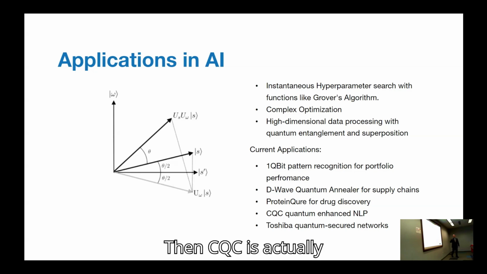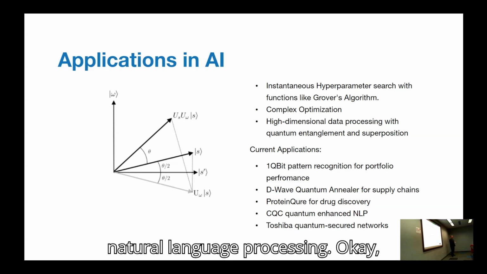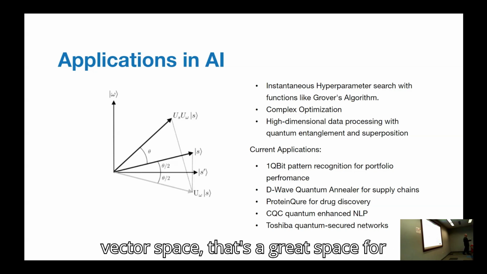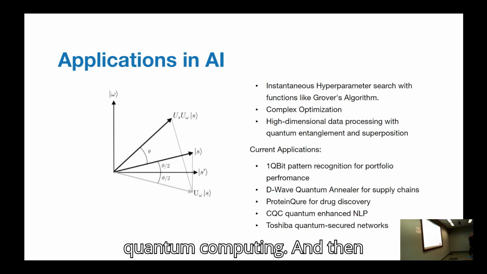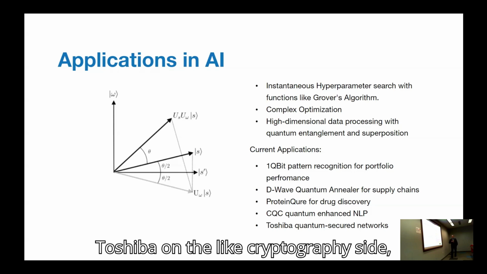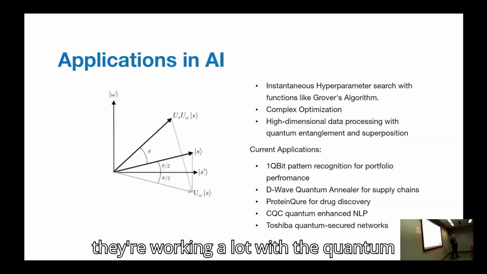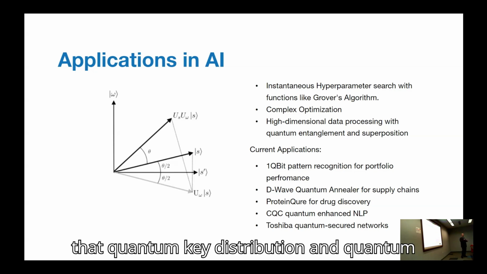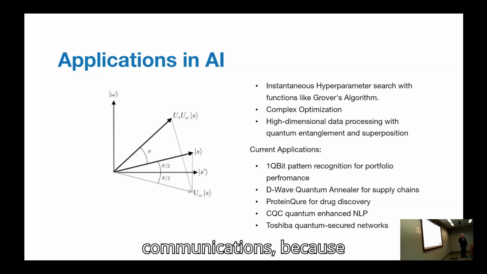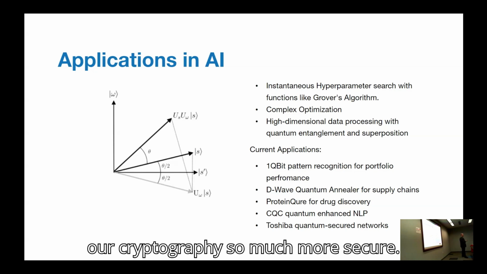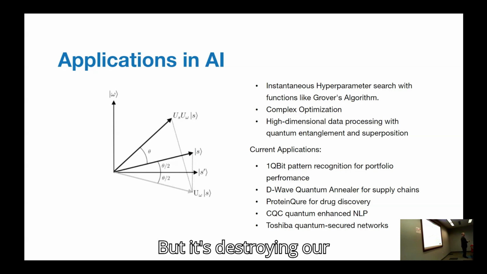Then CQC is actually doing a lot of interesting stuff with natural language processing. Whenever we're dealing with these huge vector spaces, that's a great space for quantum computing. And then Toshiba on the cryptography side, they're working a lot with the quantum networks, where we can apply quantum key distribution and quantum communications, because quantum is going to simultaneously make our cryptography so much more secure, but it's destroying our cryptography.